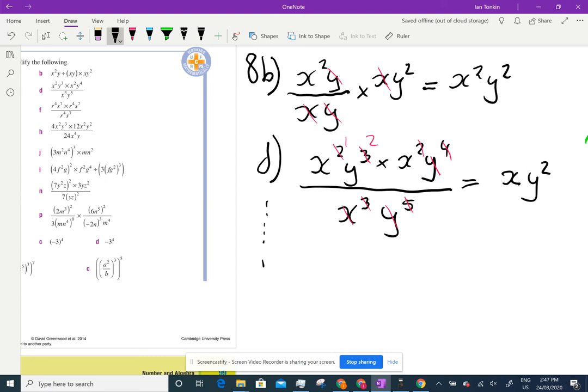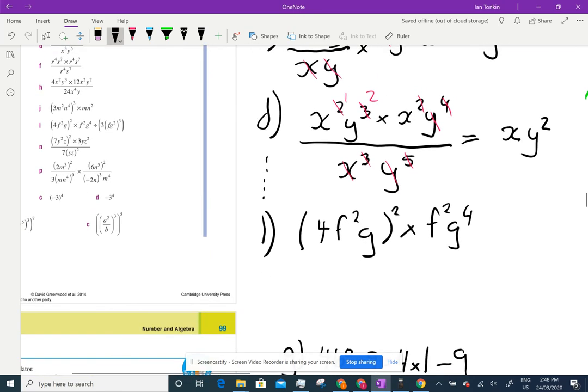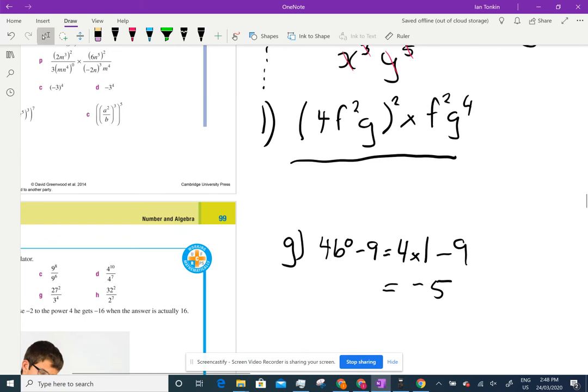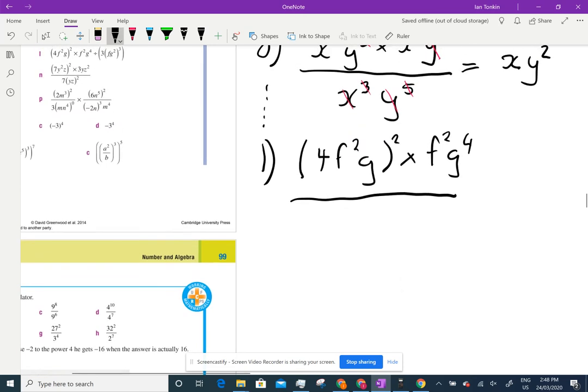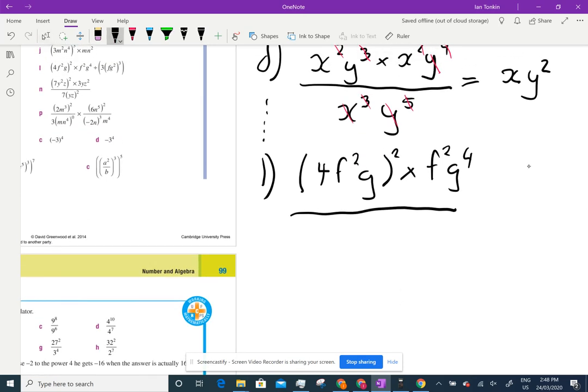Let's go down here and have a go at a really hard one. So 1, 2, skip a few. We'll go down to L. What have we got? 4 f squared g to the power of 2 times f squared g to the power of 4, all over, because it's divided by 3 fg squared cubed.